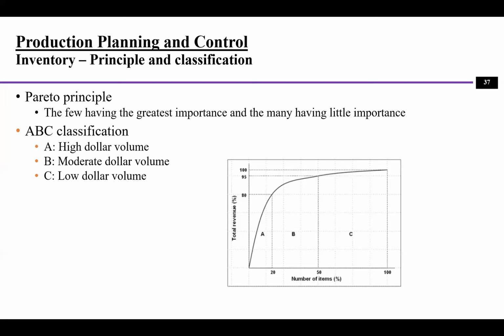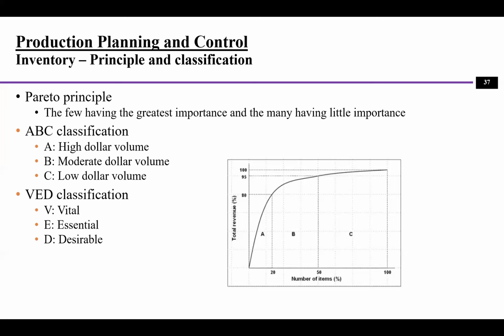Other things, like screws and other little components, may not be that high in value, but they're also needed, right? That's why people use this ABC to categorize all these inventories with high dollar volume, moderate dollar volume, and low dollar volume.